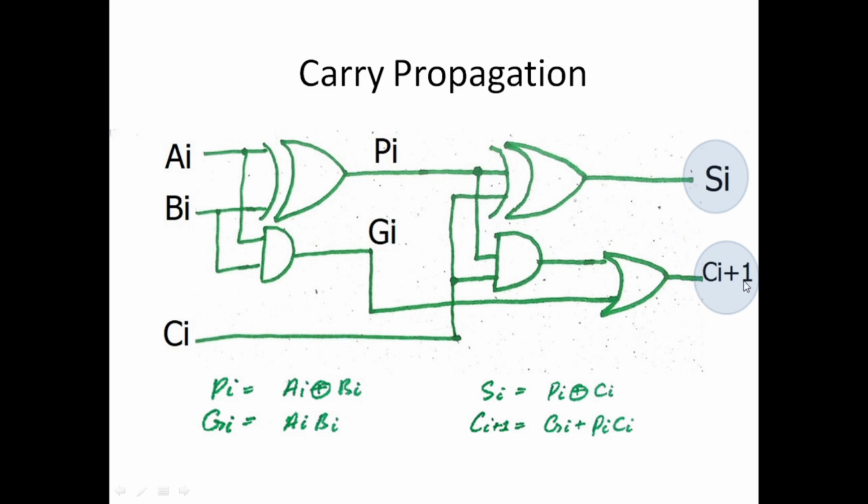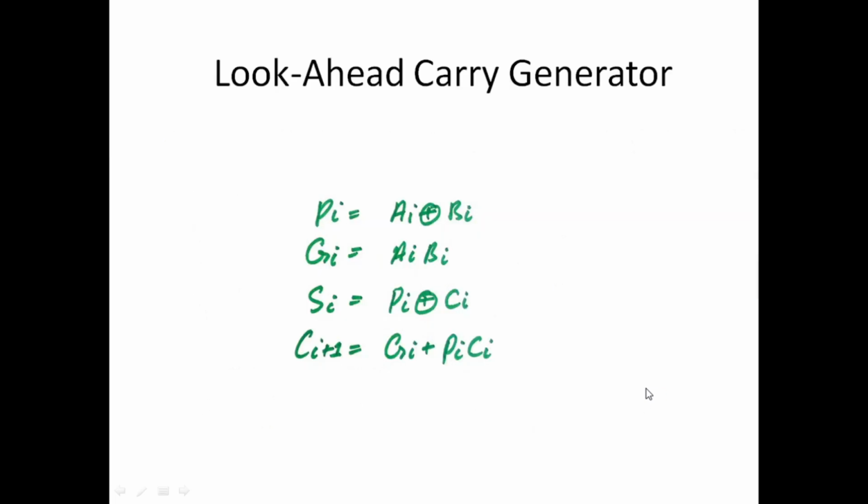CI plus 1 is equal to PI and CI, ORed with GI. GI is taken from here. So these are the Boolean equations of SI, CI plus 1, PI and GI. They are written again here.